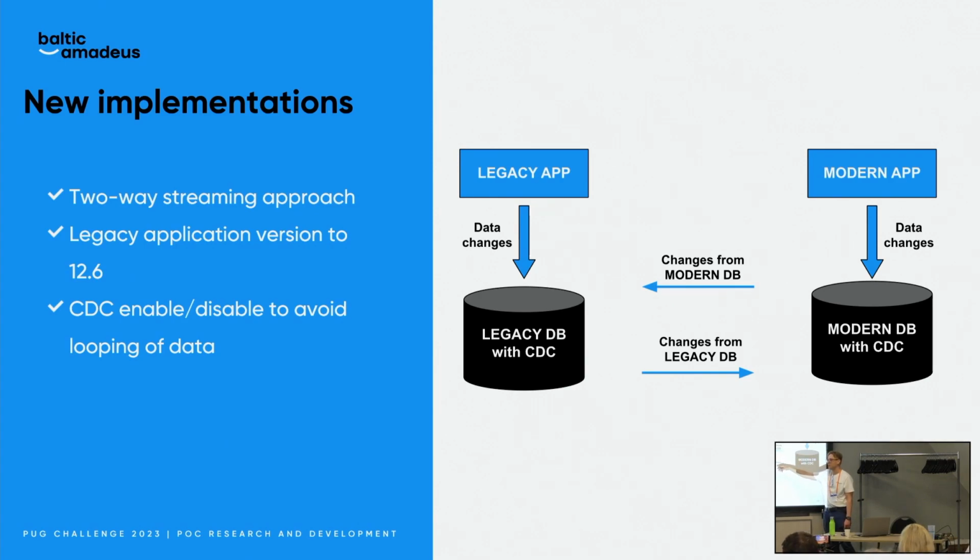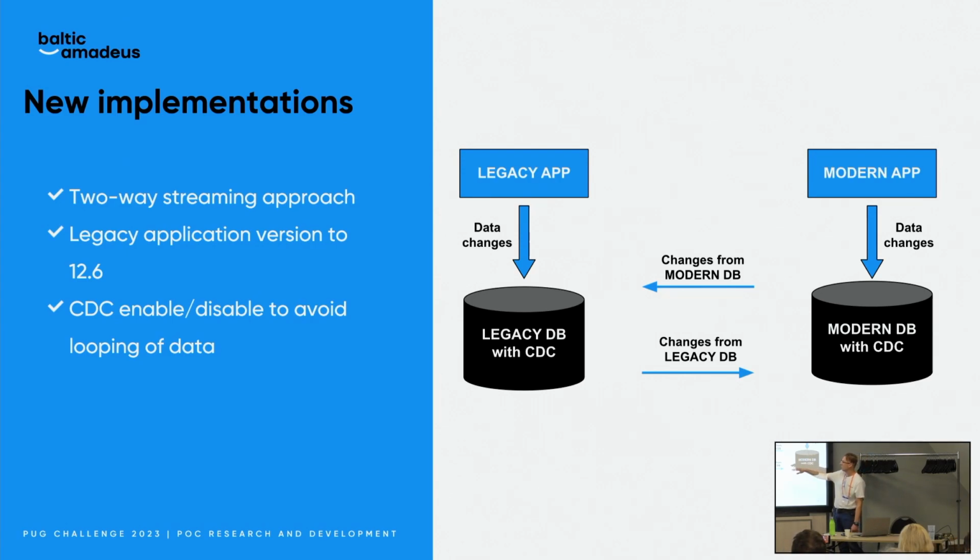The legacy DB does the update, sees it in the CDC table, sends it back again, and the constant loop doesn't end. So the way we did it was to enable and disable the CDC only if the request was made in the consumer programs.